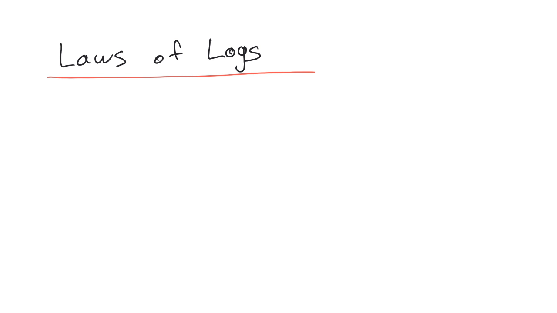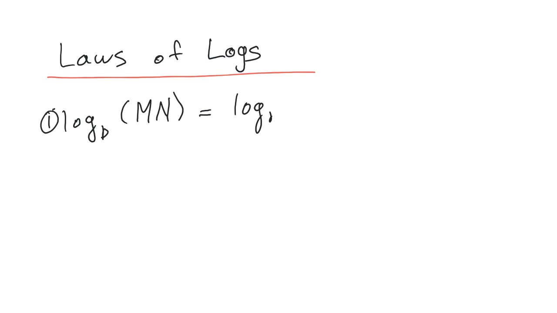So if I have the log of base b, where I have two numbers, m and n, multiplied as the result, that means we have the log of b m plus the log of b n.